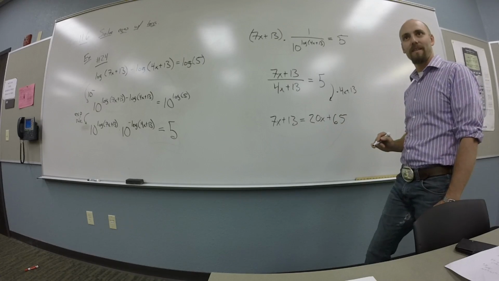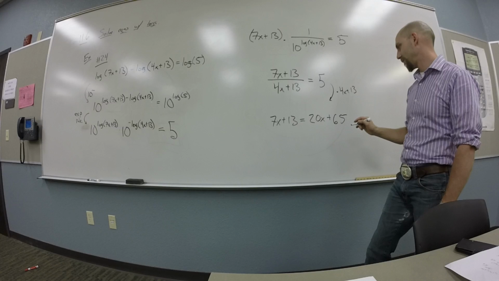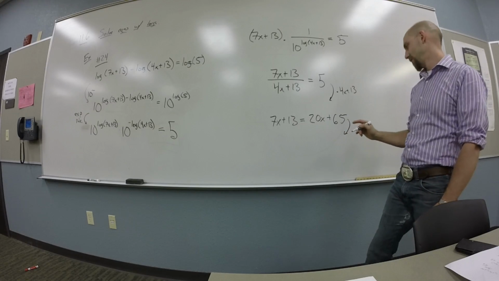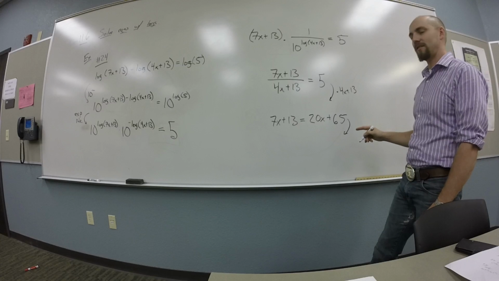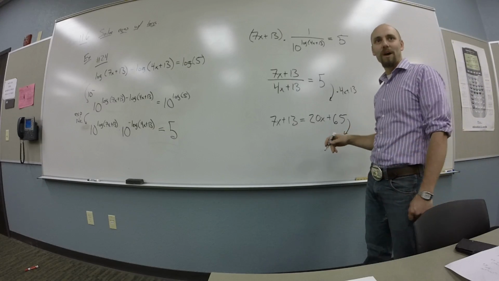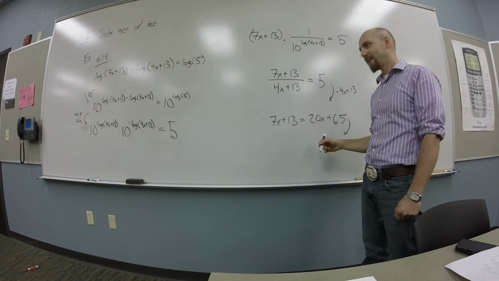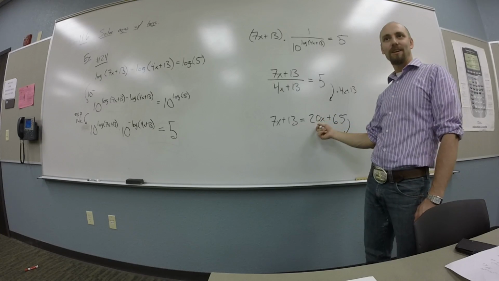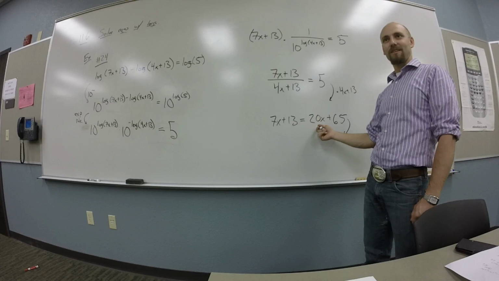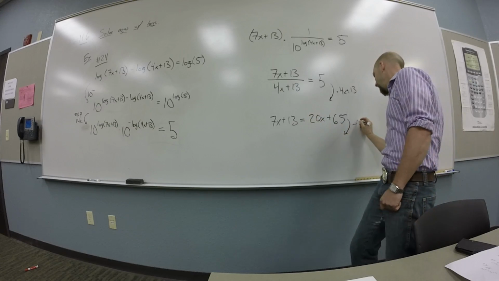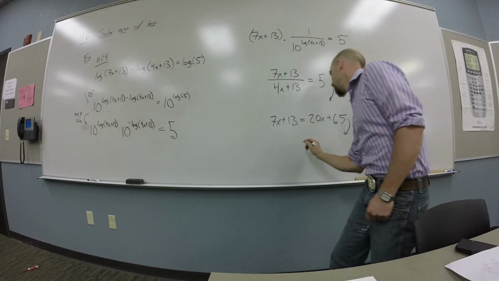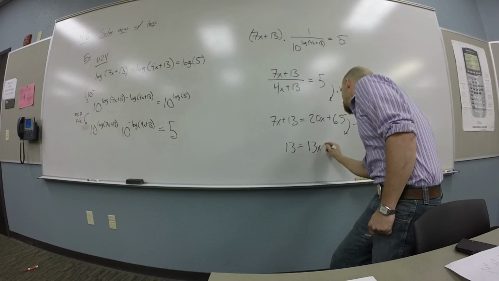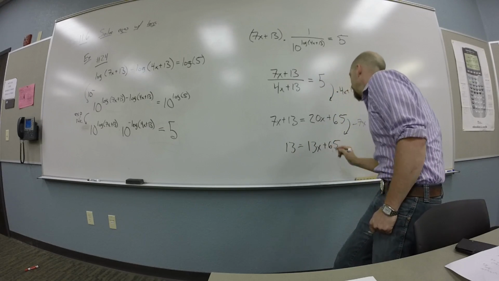Then what? Solving for x, so I should subtract 13 on both sides? I don't know, it doesn't matter. There's lots of options, right? To keep the x's positive on this side, maybe I'll subtract 7x, right? So I'll get 13 is 13x plus 65.